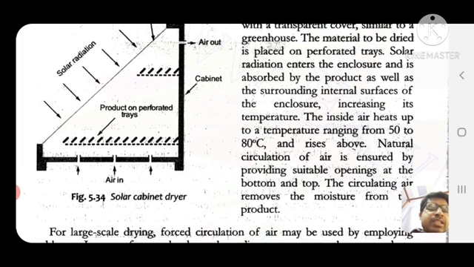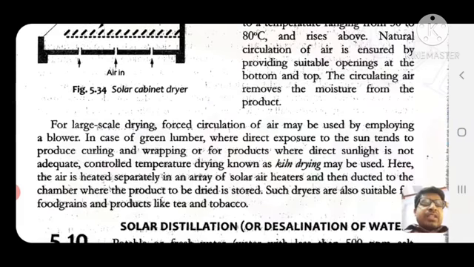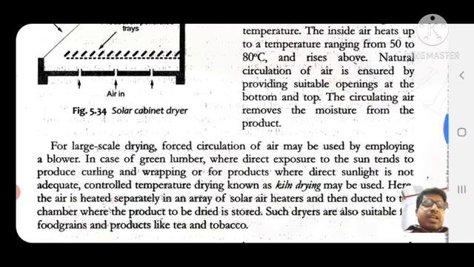Natural circulation of air is ensured by providing suitable openings at the bottom and top. The circulating air removes the moisture from the product. For large scale drying, forced circulation of air may be used by employing a blower.